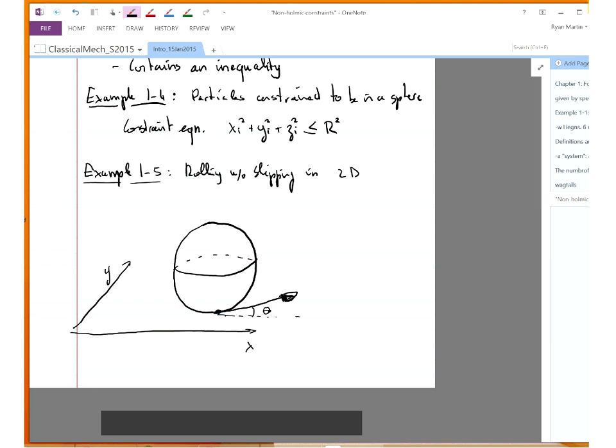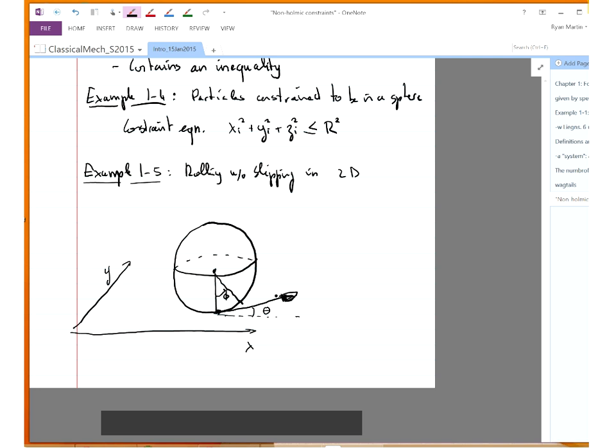So theta tells me which direction the ball is rolling. If the ball changes direction, theta changes. Now I introduce phi. Phi is the angle of rotation of the ball.